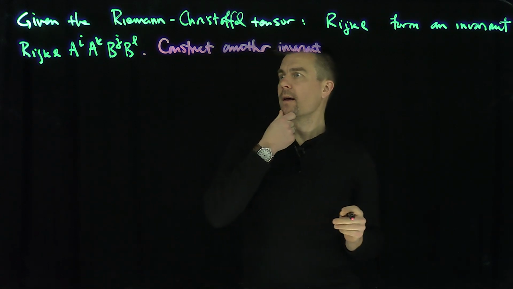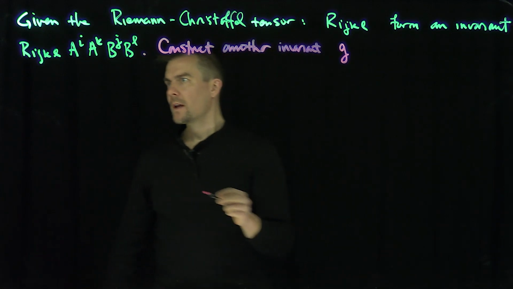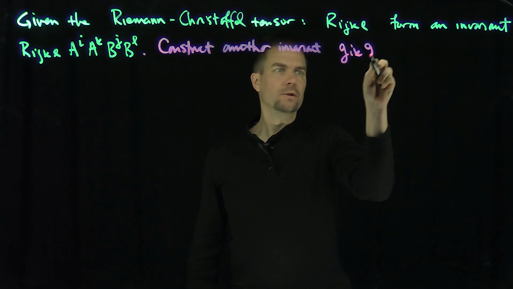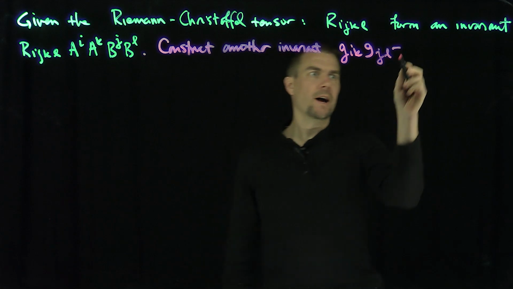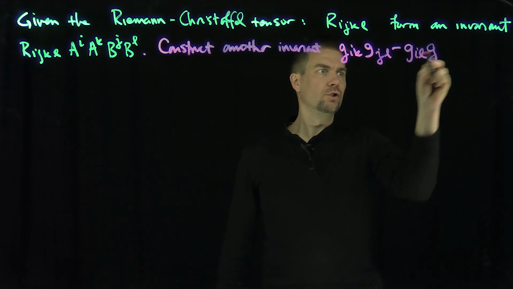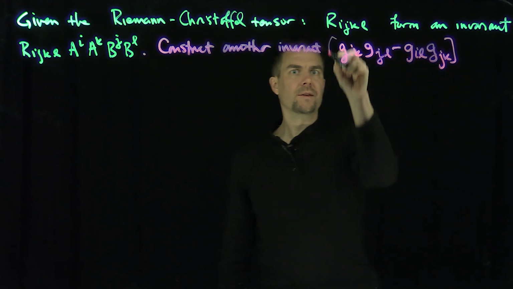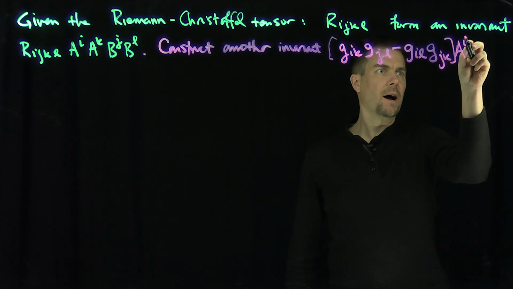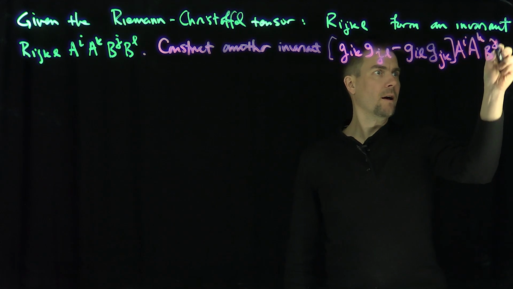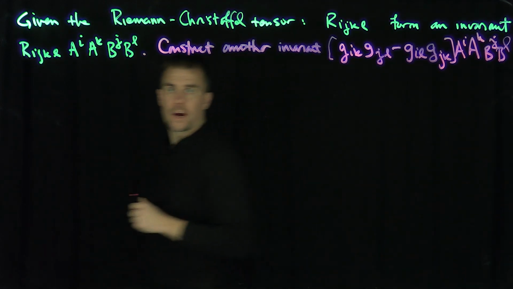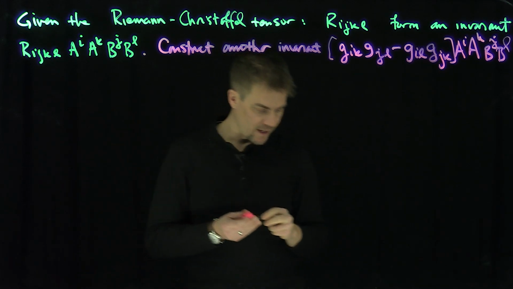Construct another invariant, which is going to be G_ik G_jl minus G_il G_jk, and I'm going to apply this to the same expression, A^i A^k B^j B^l. Both of these invariants exhibit symmetry structures, right? So what do we have over here?